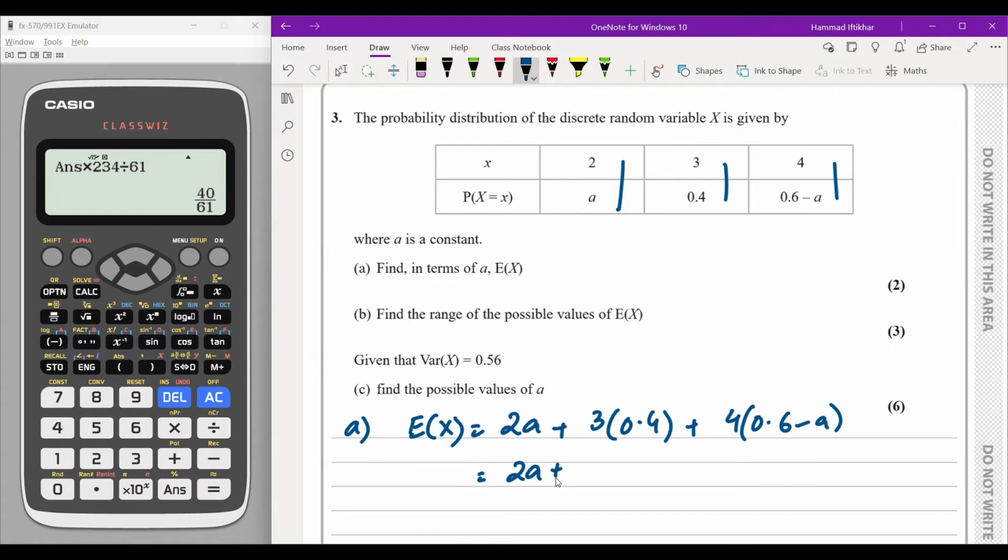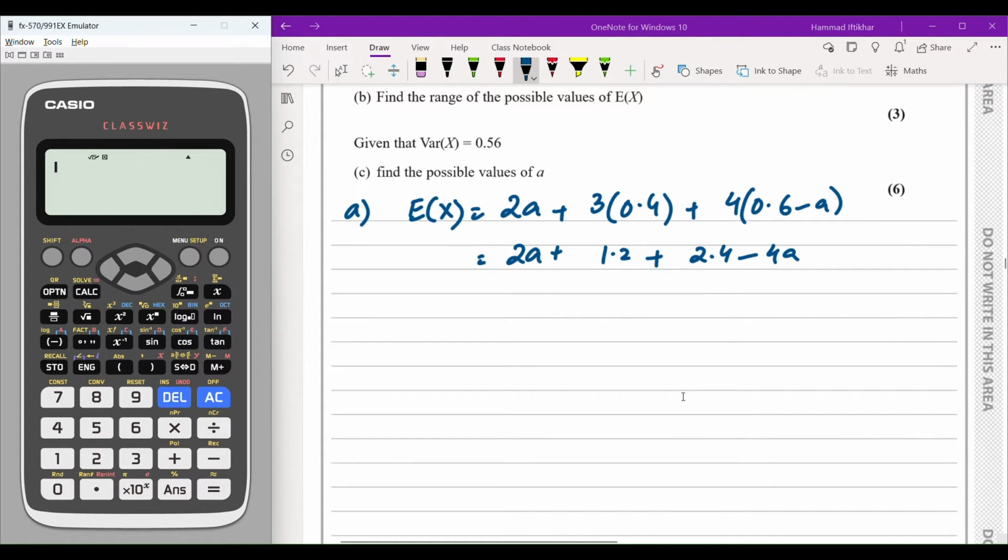So 2a plus 1.2 plus 2.4 minus 4a. Just to confirm, 3 times by 0.4 is 1.2, and 4 times by 0.6 is 2.4. So 2.4 plus 1.2 adds up to 3.6, minus 4a plus 2a is minus 2a.